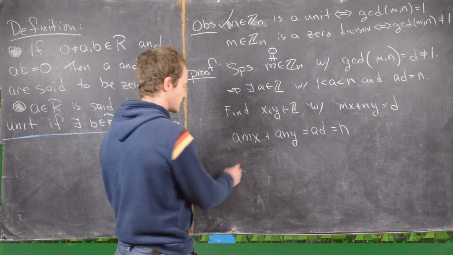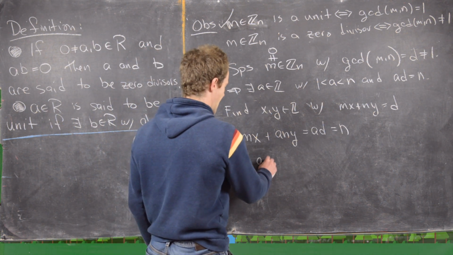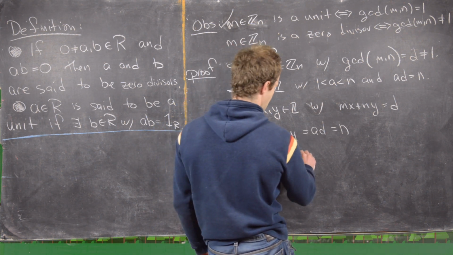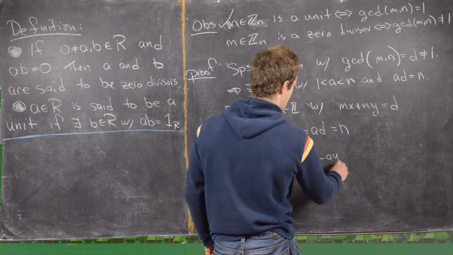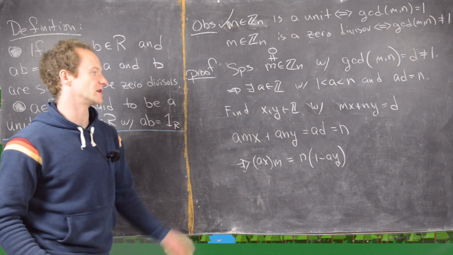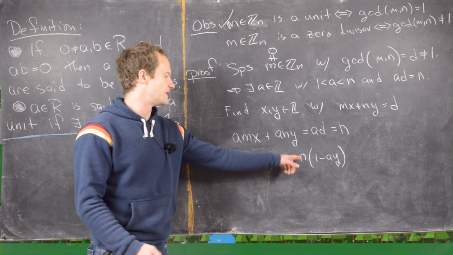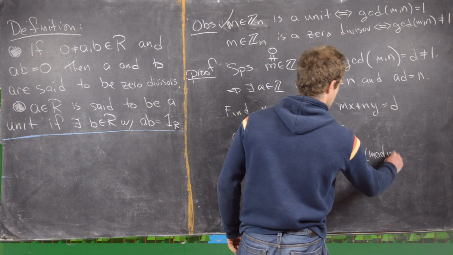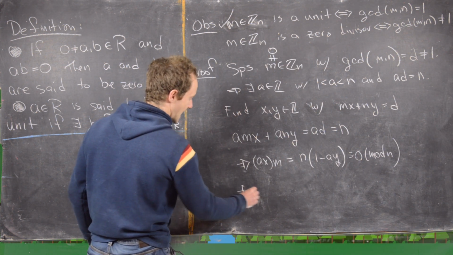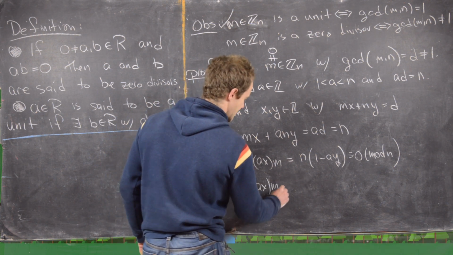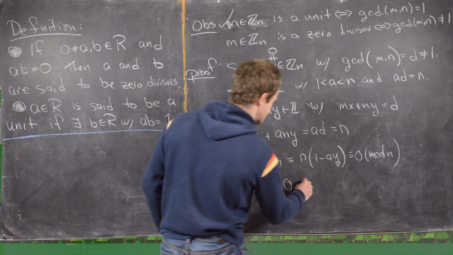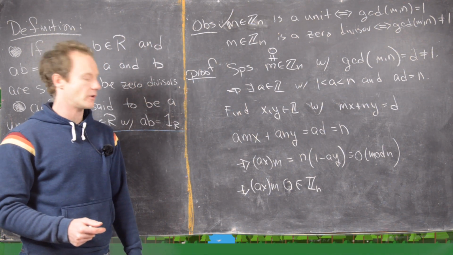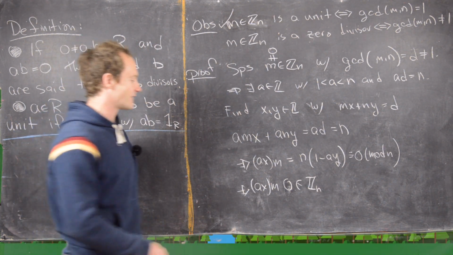Okay, great. Now we're going to move some things around. Notice that says that ax times m is equal to n times 1 minus ay. So I've factored some stuff out there. But then this right-hand side is congruent to 0 mod n, which we can rewrite as ax times m is equal to 0 inside of Zn. So let's see what we have going on here.